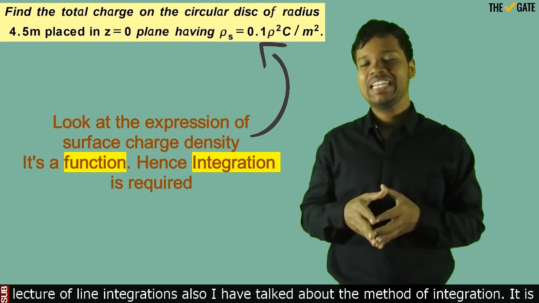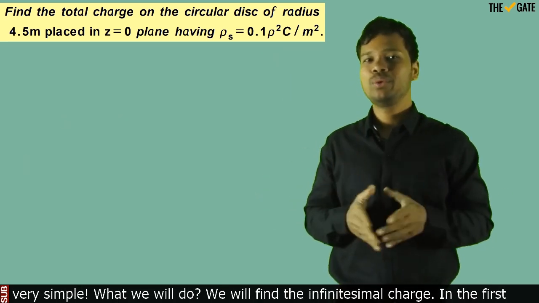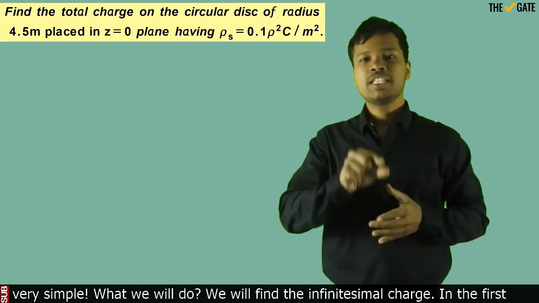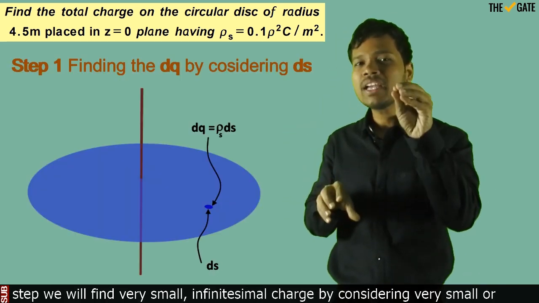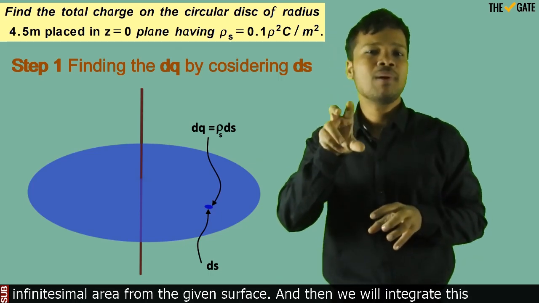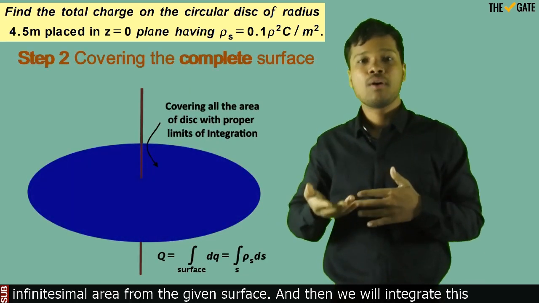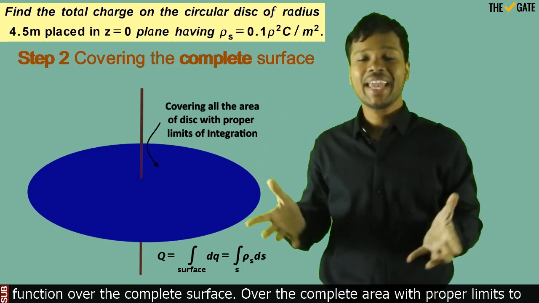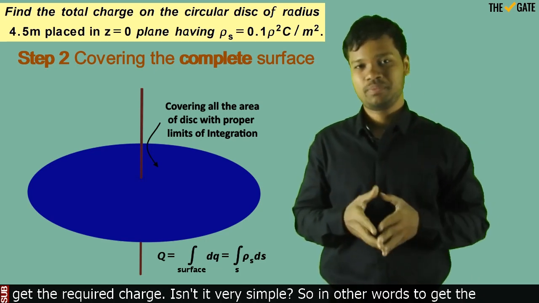In the last lecture on line integrals also, I talked about the method of integration. It is very simple. We will find the infinitesimal charge. In the first step, we will find a very small infinitesimal charge by considering a very small or infinitesimal area from the given surface. And then we will integrate this function over the complete surface, over the complete area, with proper limits to get the required charge.